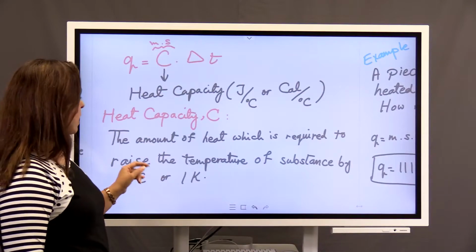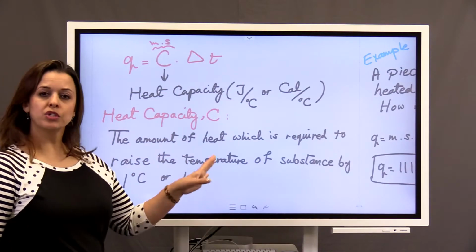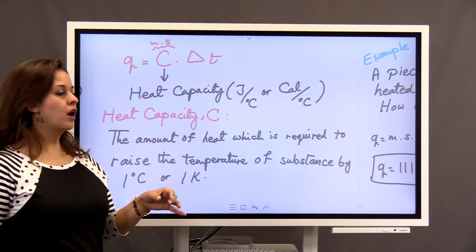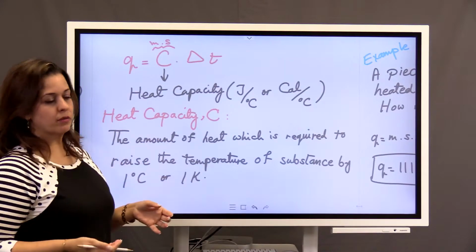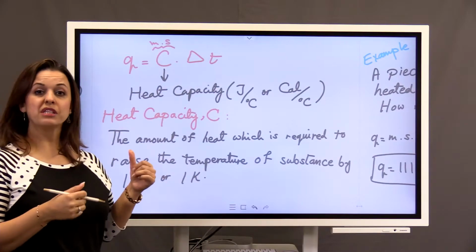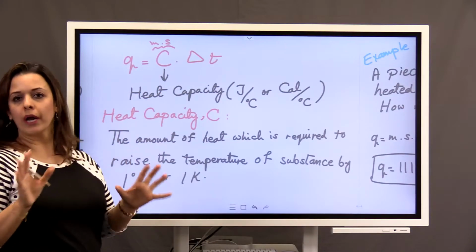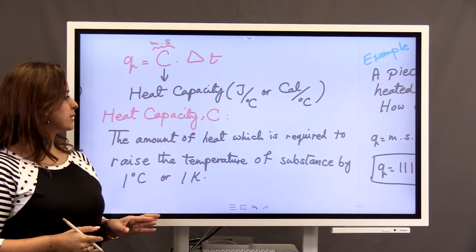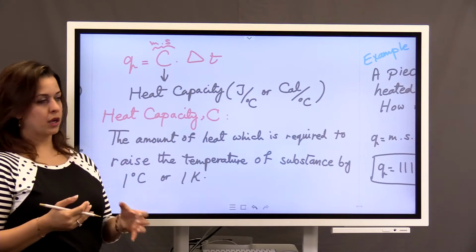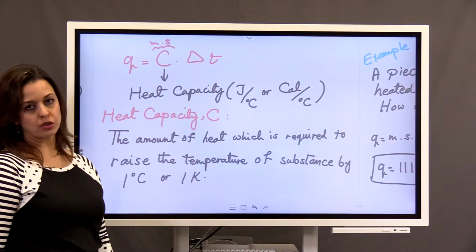It is the amount of heat which is required to raise the temperature of a given amount of substance by 1 degree Celsius or 1 Kelvin. So specific heat is for only 1 gram, heat capacity for any given amount of substance. So you can modify this formula based on what is given to you in the questions.